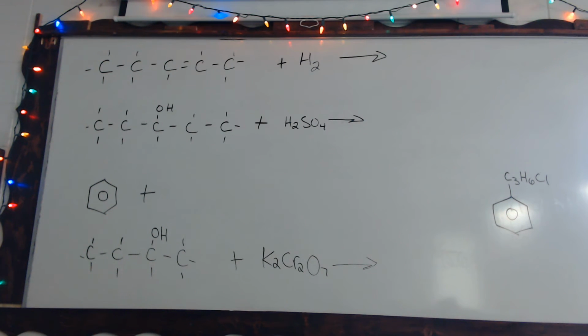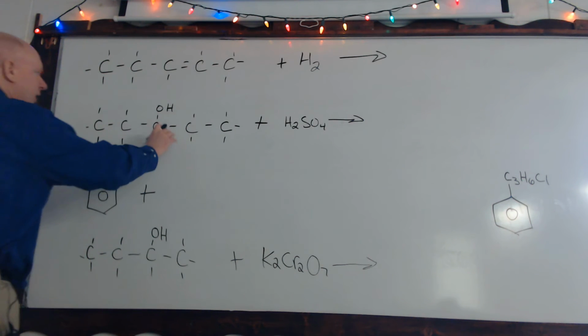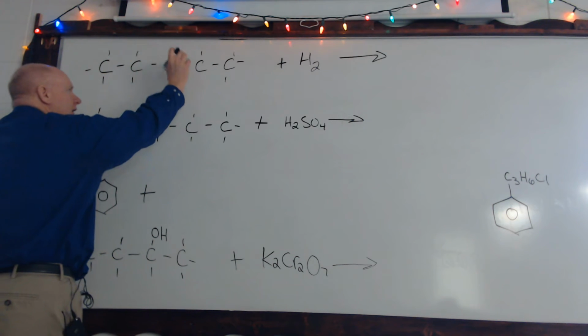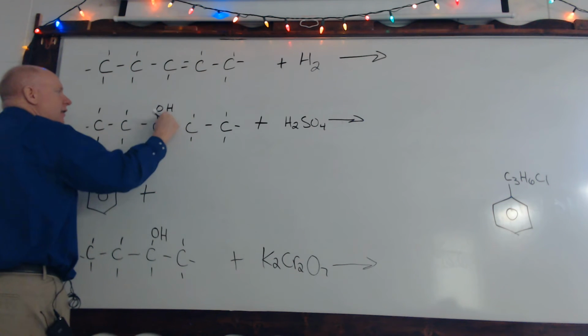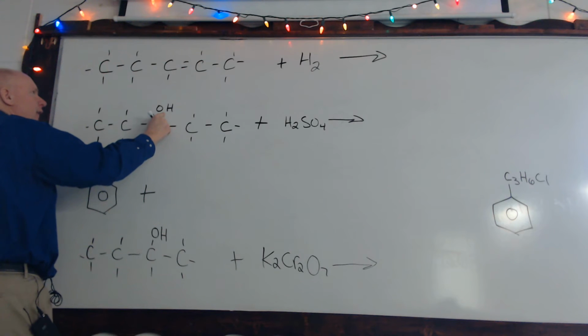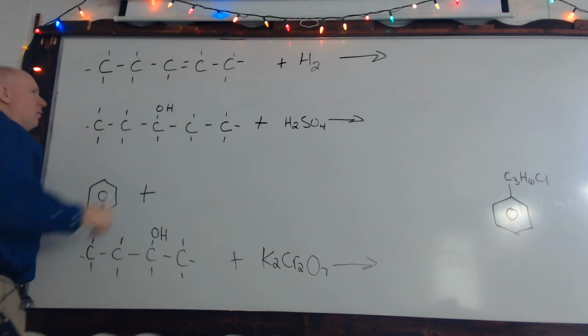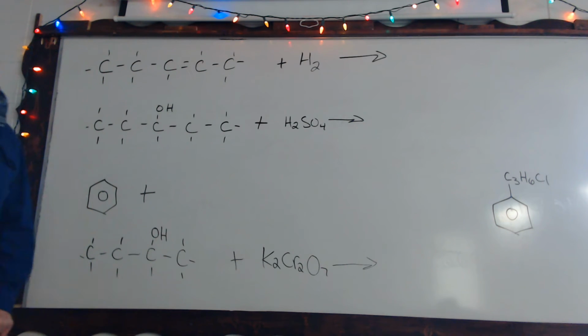Remember when you're naming these, if you're not writing anything after the number, you're saying we're either an organic family or where a double bond is. And as that looks right now, that will not react. Right now, it's no reaction. How can we change that to a reaction?